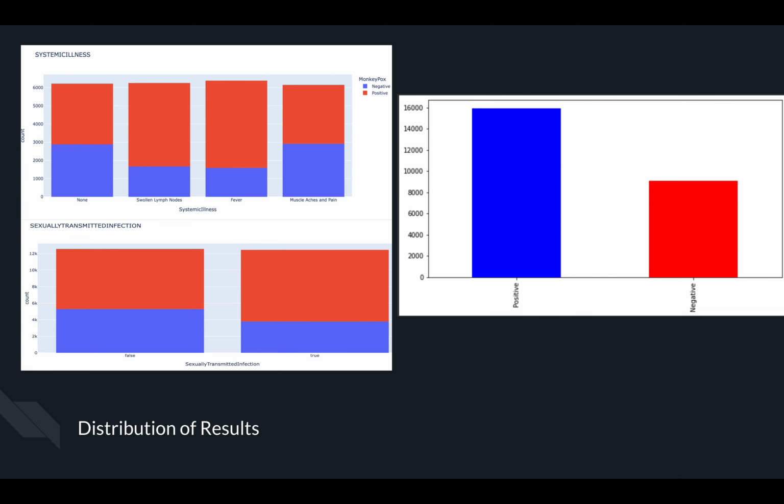You can see in systemic illness that there's a higher incidence of swollen lymph nodes or a fever in patients who are positive with monkeypox. This is just a sample from my notebook, which has a breakdown of each of the symptoms and their distribution amongst positive and negative monkeypox patients. Hopefully this model will be able to predict a patient's status based on these symptoms.